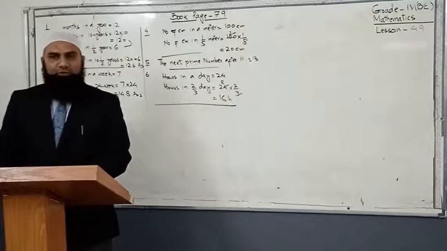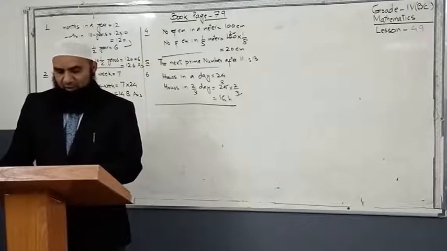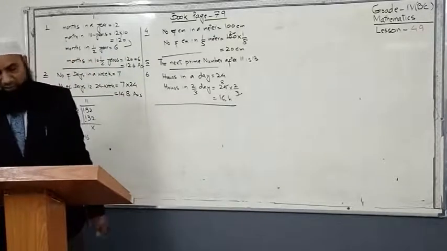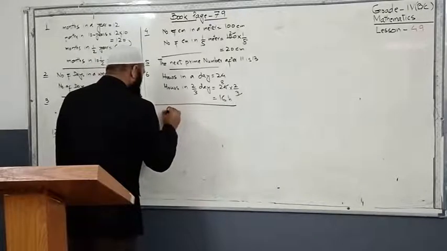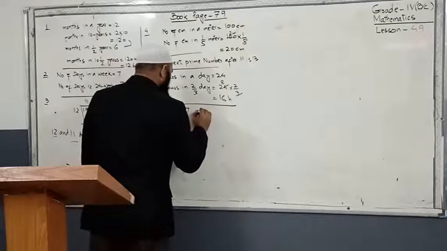It has only 2 factors, 1 and 97, meaning the same number itself. Okay? So in this, 61 and 97 are prime numbers.